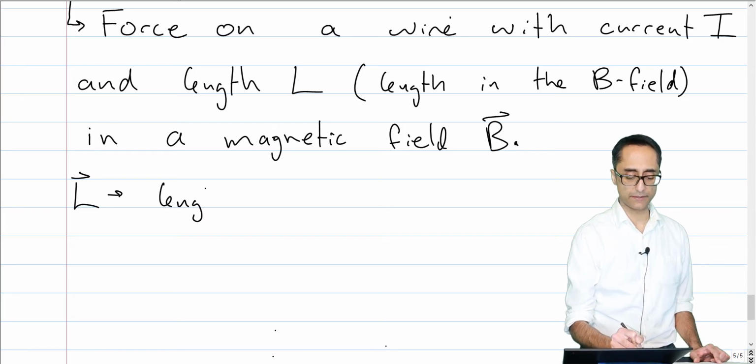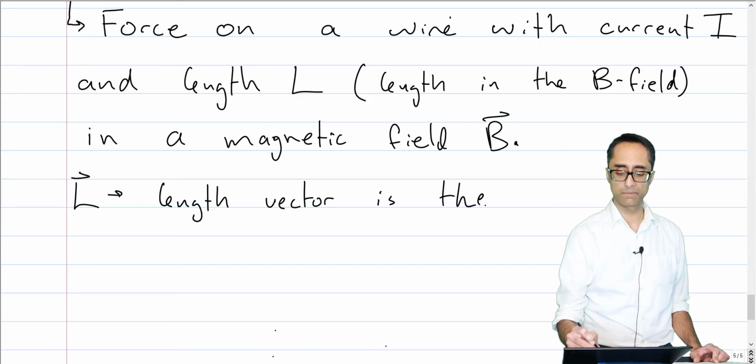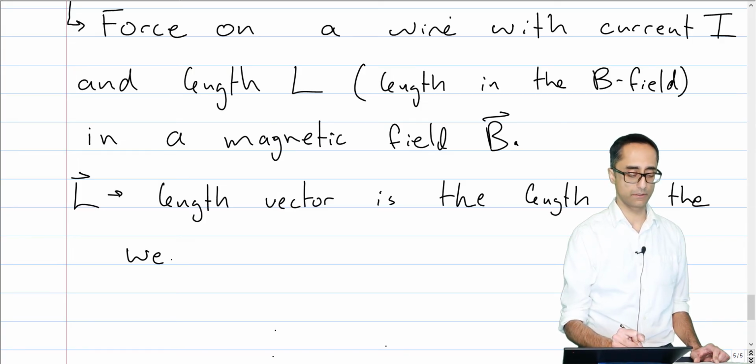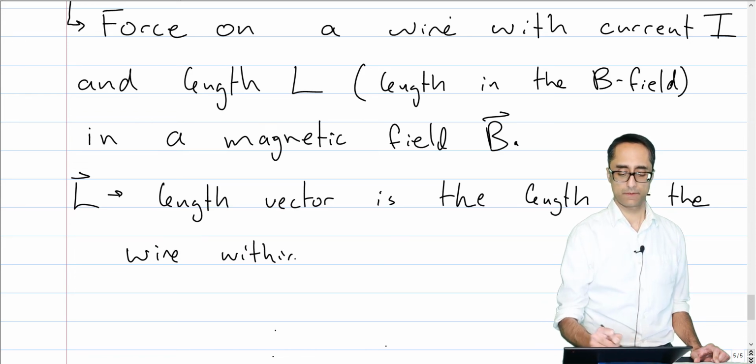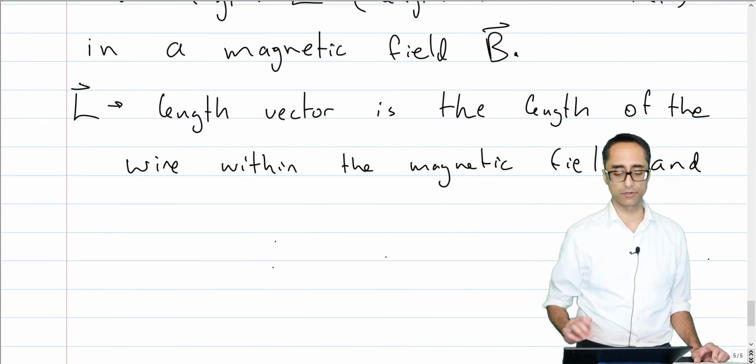This length vector is the length of the wire again within the magnetic field, and it has a direction given by the current flow.